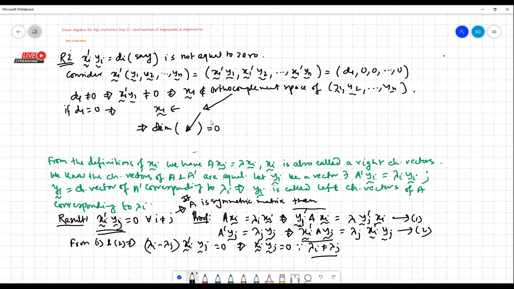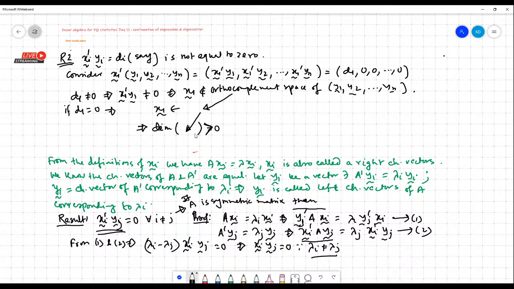because this is Rn. So if the yi's are independent, then the dimension of the orthocomplement space should be 0; otherwise it would be greater than 0.